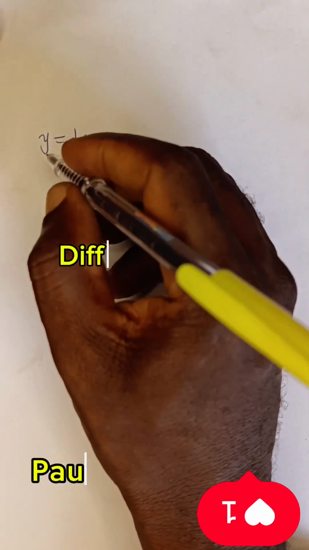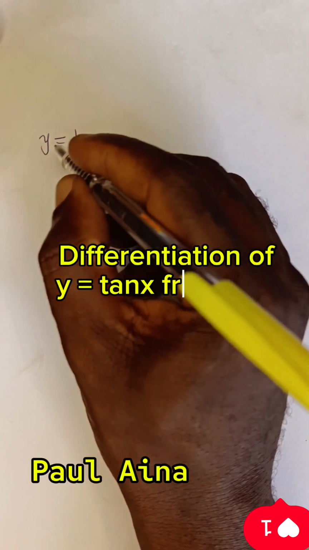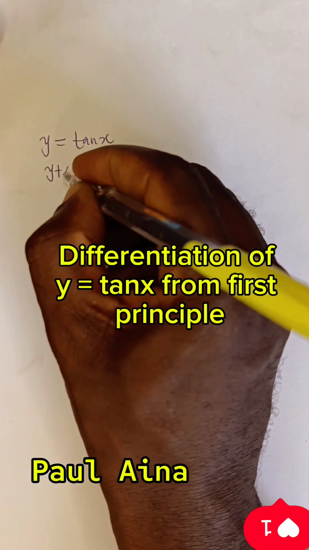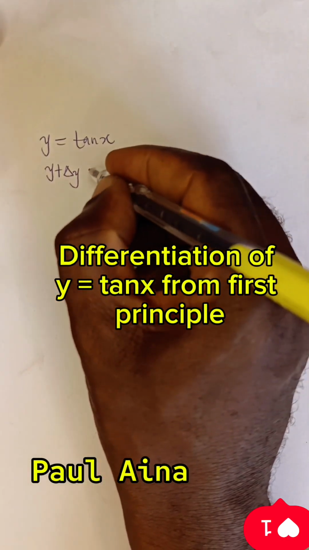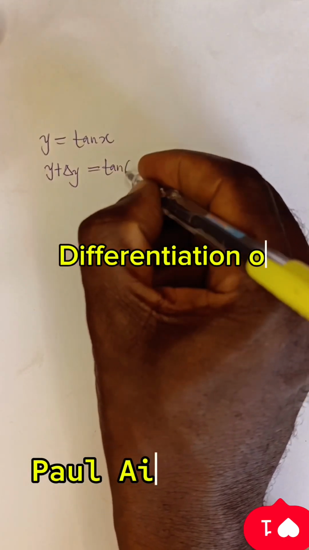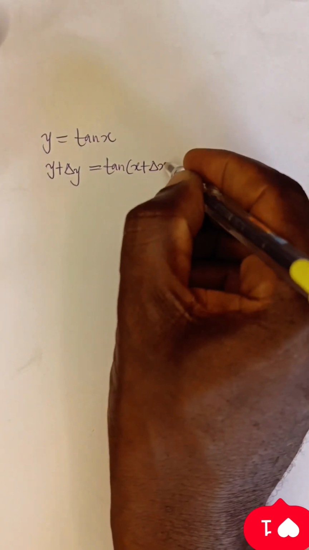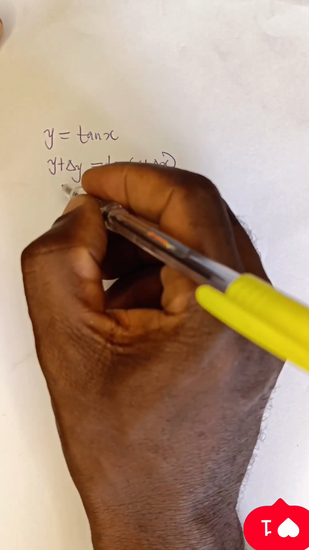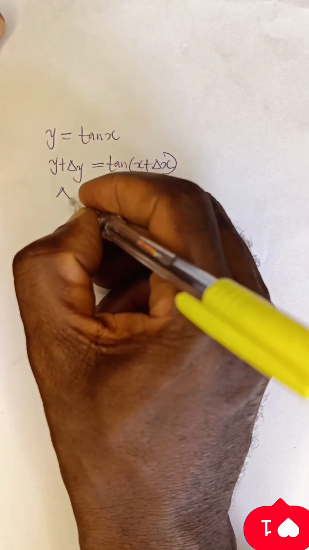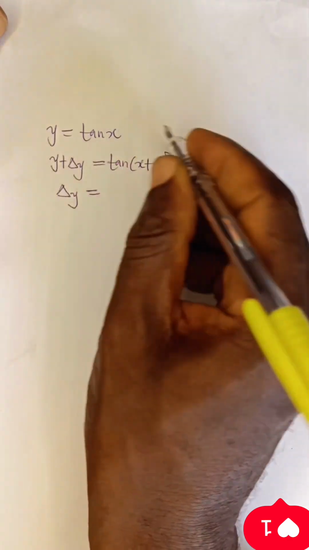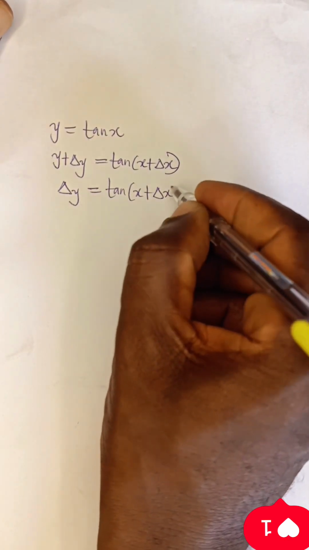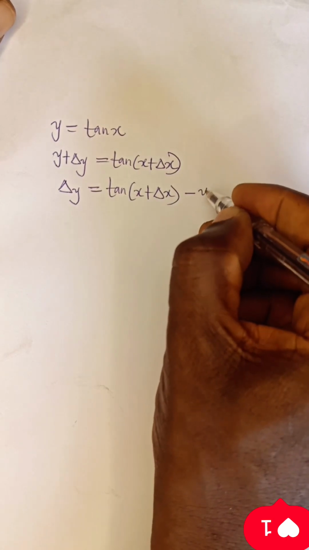To differentiate this, find the derivative of y with respect to x. So y will take its partner, change in y, is equal to tan(x + change in x). We have to isolate change in y, and we take this y to the other side, which is tan(x + change in x) minus y.